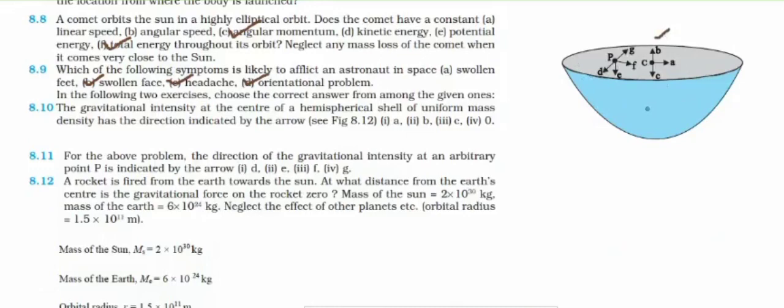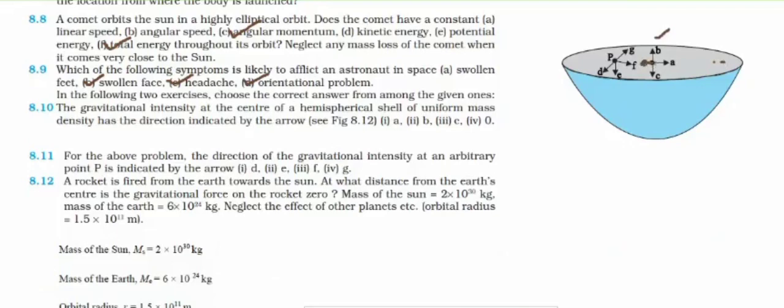Now, what will be the direction of net gravitational force on a small object placed at this point, capital C? That's the question. Now, we can see here the gravitational attraction in various directions. And when you place an object at C here, that will be attracted towards left by the matter here, and similarly attracted towards right also.